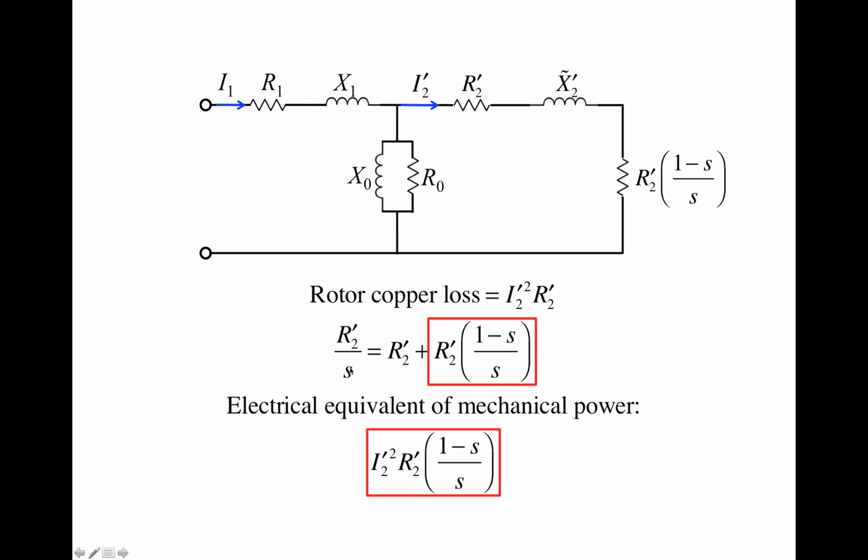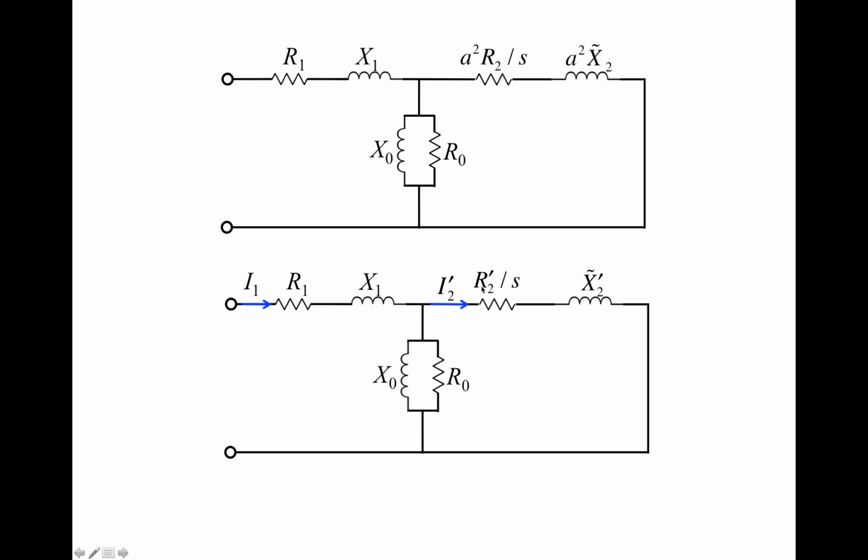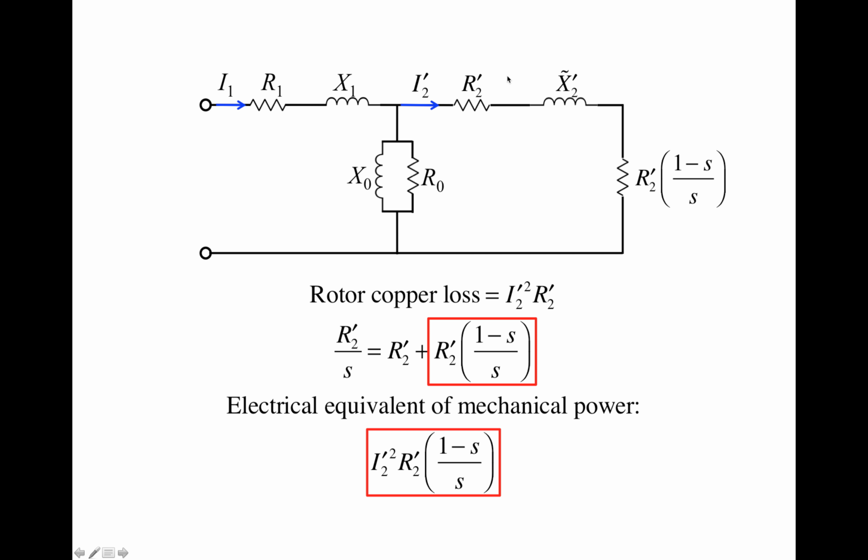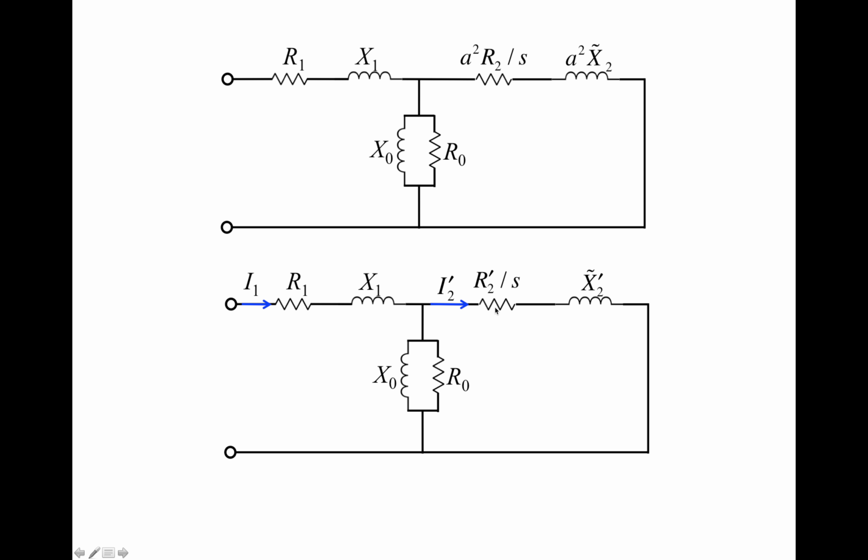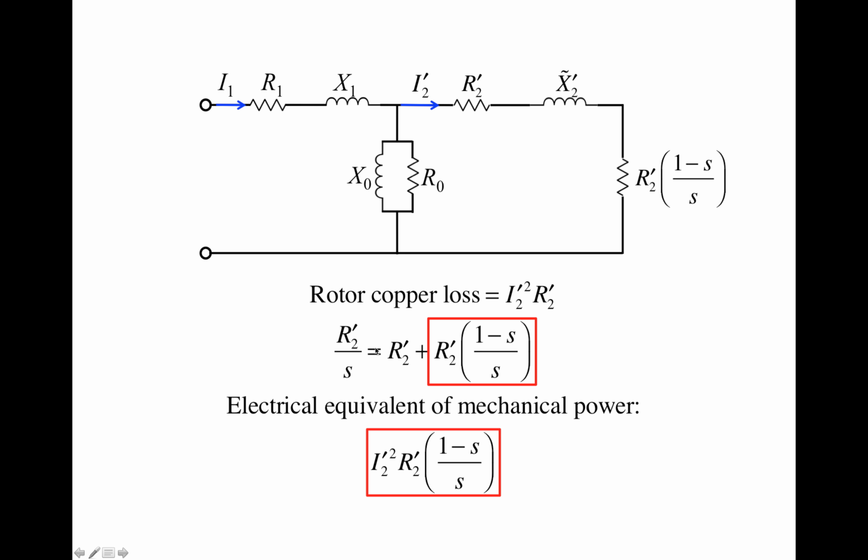R2 prime divided by S equals R2 prime plus R2 prime multiplying this slip dependent term. So basically we can split this resistor into two different resistors. One is just R2 prime, and the other is R2 prime multiplying this slip dependent term. If you add these two resistors up, you get this resistor back, right? So let's split that resistor into these two different resistors.